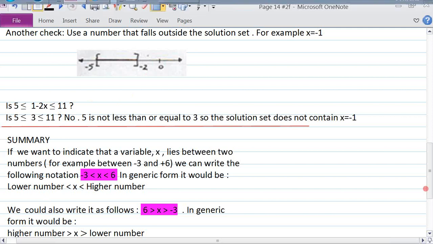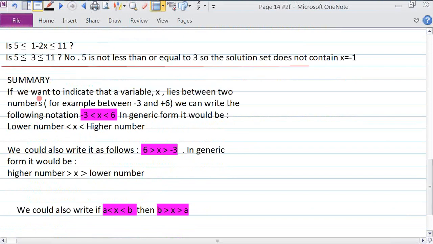Now, just to summarize some of the things that I said, if we want to indicate that a variable x lies between two numbers, for example, between minus 3 and plus 6, we can write the following notation. We're going from the lower number to the higher number.